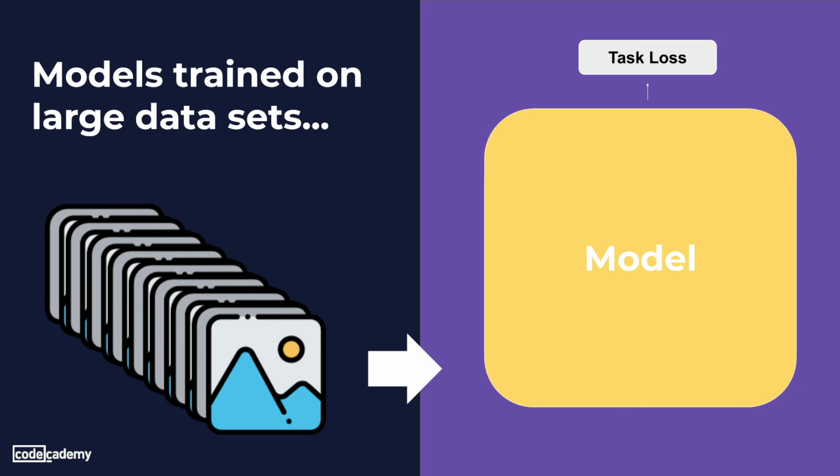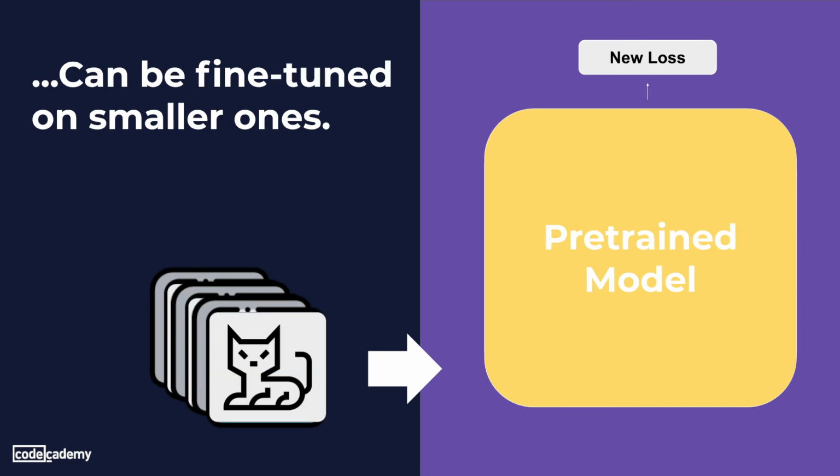Now, once these models have been pre-trained, they can then be fine-tuned on smaller data sets. This allows us to use these pre-trained models as rich feature extractors, which we can adapt to our own tasks. We can either fine-tune the entire pre-trained model, retrain it with a smaller learning rate, or just fine-tune the last few layers. Using pre-trained models works incredibly well, especially on text and image data.